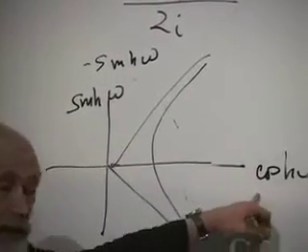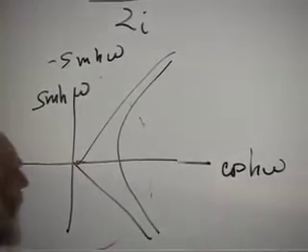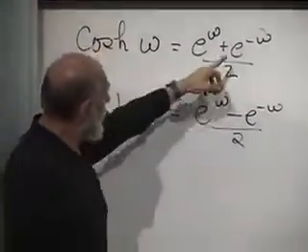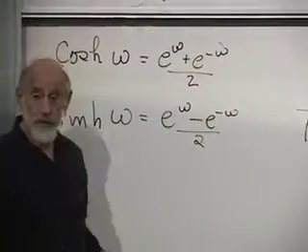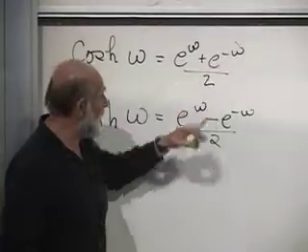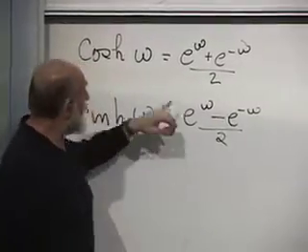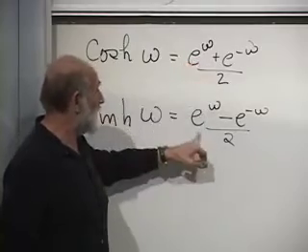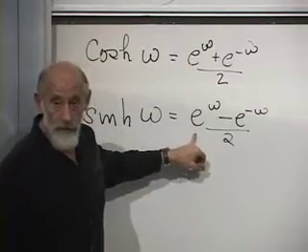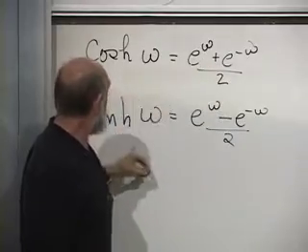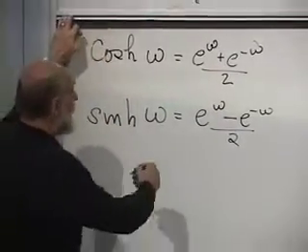When omega is very large, then e to the minus omega is very small, right? When omega is very large, e to the minus omega is very small. And that means both cosh and sinh are essentially equal to e to the plus omega. In other words, when omega gets very big, cosh and sinh become equal to each other.